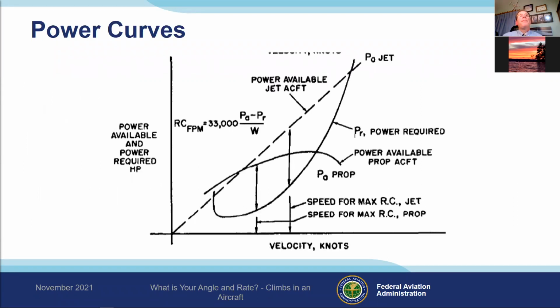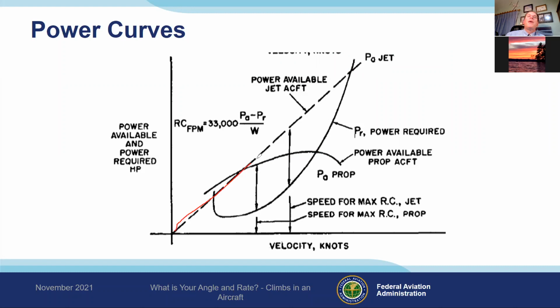And here's a diagram out of, I believe, Aerodynamics for Naval Aviators, which shows you the power required curve, just like before, at the bottom. Here's your stall speed. At the top end is your maximum level flight speed. Here's an example of what a power available curve would look like for propeller driven aircraft.